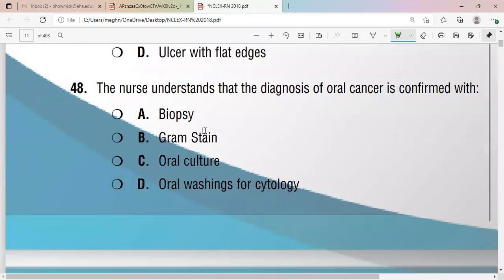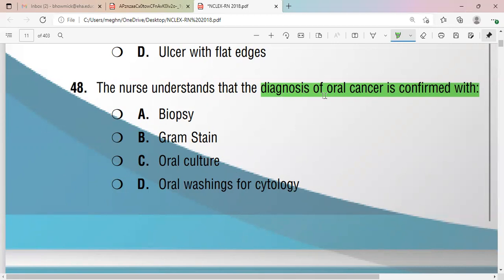And the next question: the nurse understands that the diagnosis of oral cancer is confirmed with what? So what is the confirmatory test for oral cancer? Diagnostic: number A, biopsy; number B, Gram stain; number C, oral culture; and number D, oral washing for cytology.